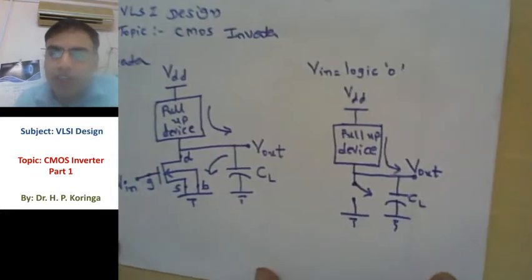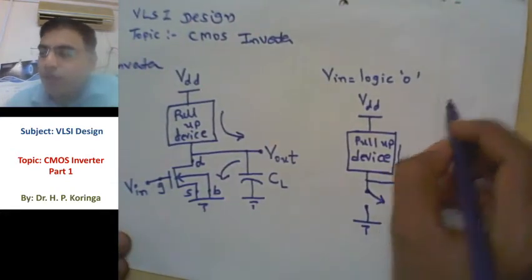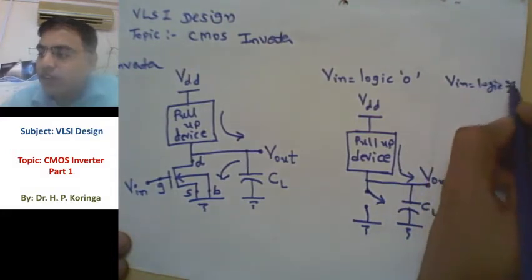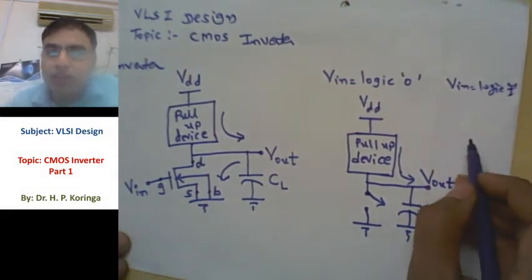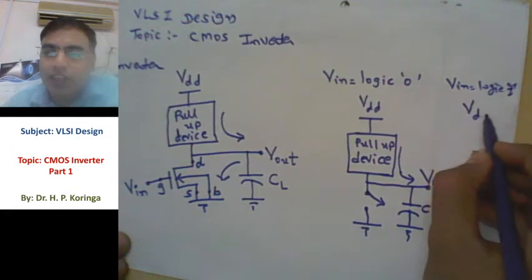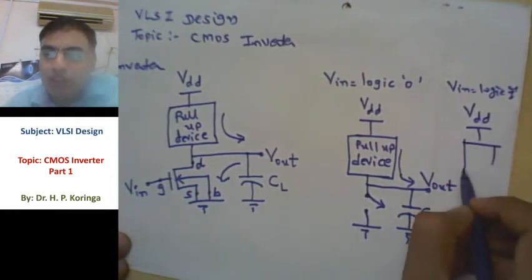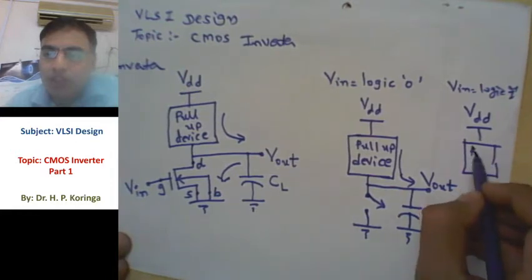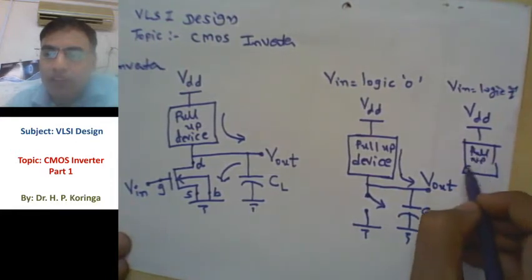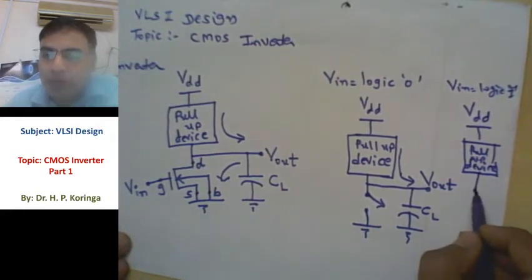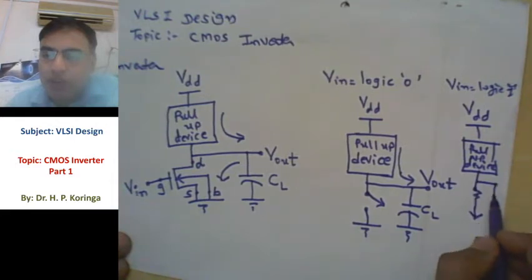And when the input is logic 1, then the output is pulled down through the driver MOSFET. Here you have a pull-up device, and the driver MOSFET operates in the linear region when input is logic 1.